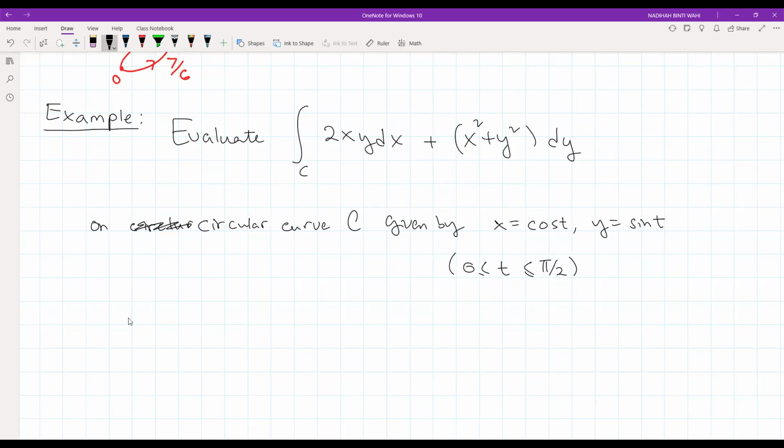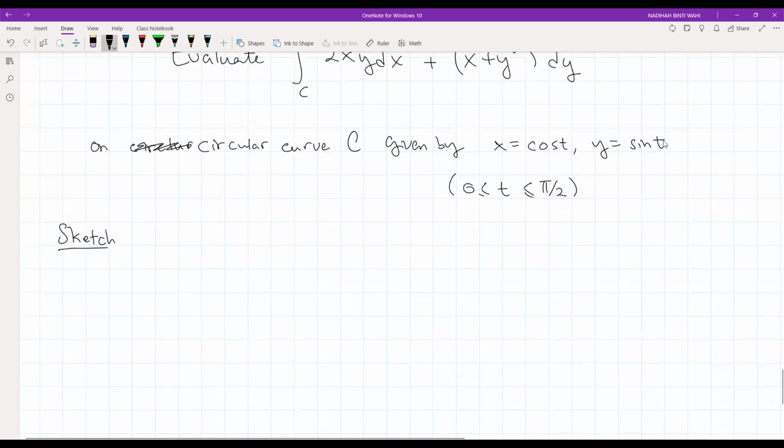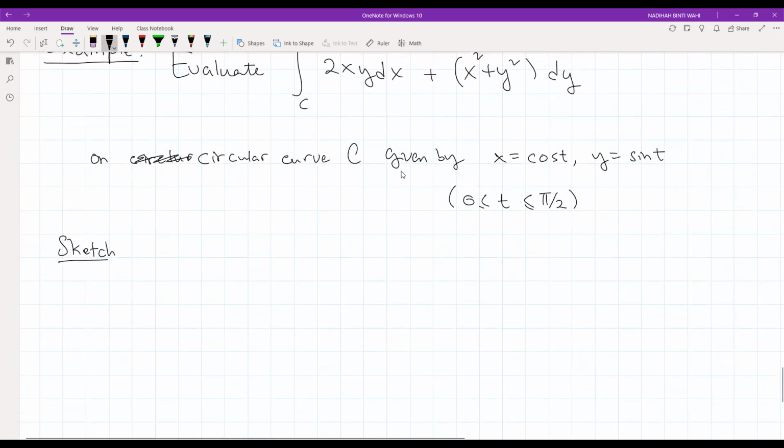so first of all, kita kena sketch dulu, because now we can see the region. So dia kata apa? So kalau tengok kat sini, circular curve given by x cosine t, so that's like a circle, equation of circle. So if you go on the xy Cartesian coordinate, okay, so this is just a circle, something like that.